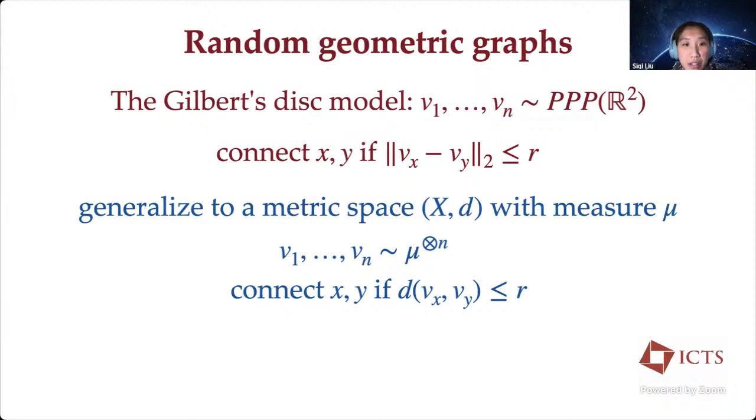And this way you get a graph. When forgetting all the geometry underlying it, just take the graph. This will be the geometric graph. This is one model for generating random geometric graphs.